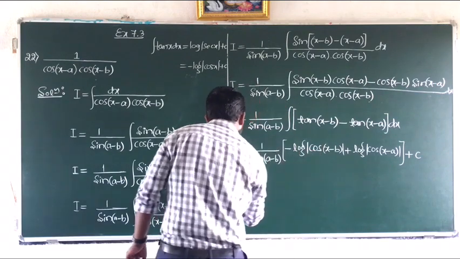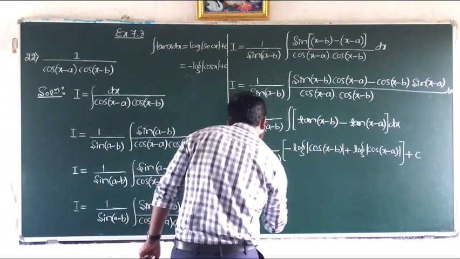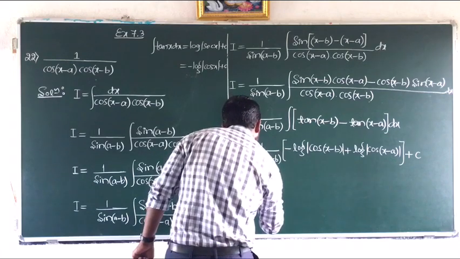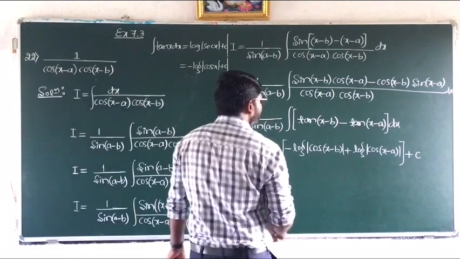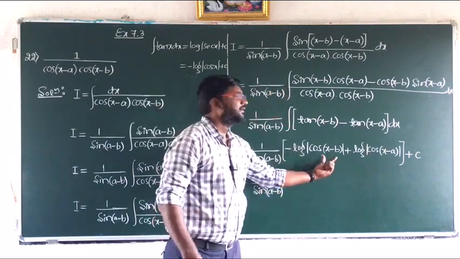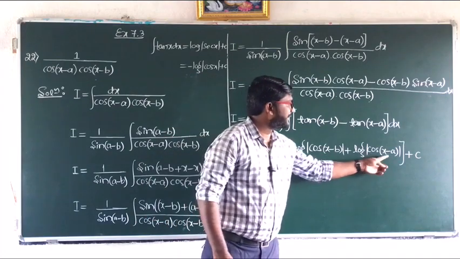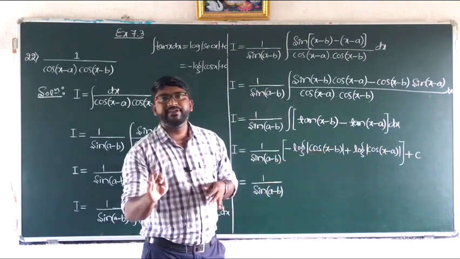So it can be written as I, which is equals to 1 divided by sin of a minus b, times the bracket. So here it is in the form of log x minus log y. So here x is cos of x minus a and y is cos of x minus b. What is log x minus log y?